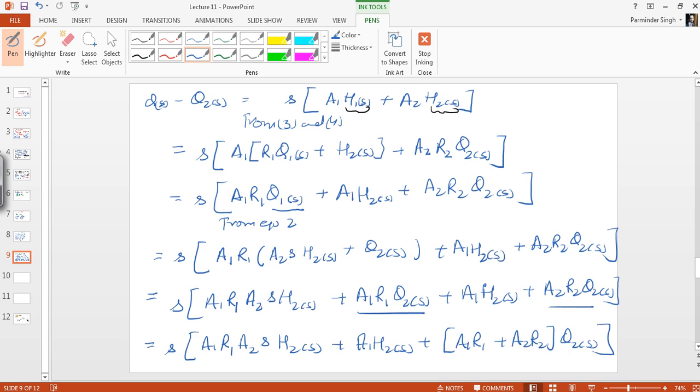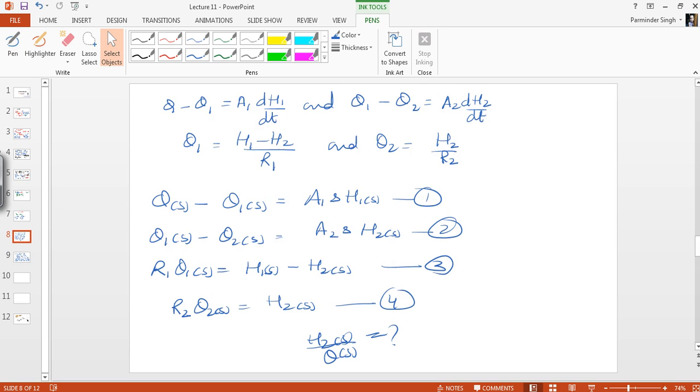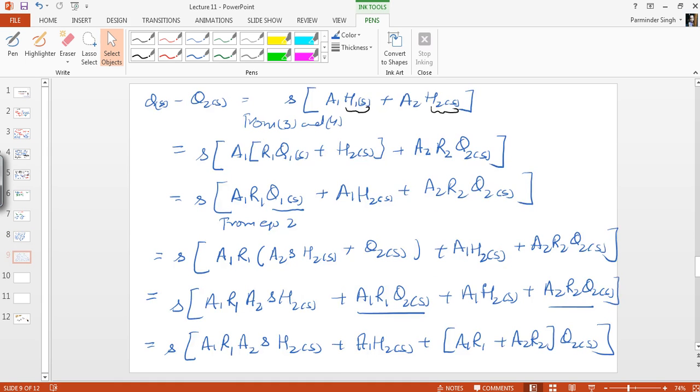Now from equation 4, that is over here, what is the value of Q2? Q2 will be H2 by R2, that we're going to replace over here. So from equation 4, we'll find Q2 and substitute over here.